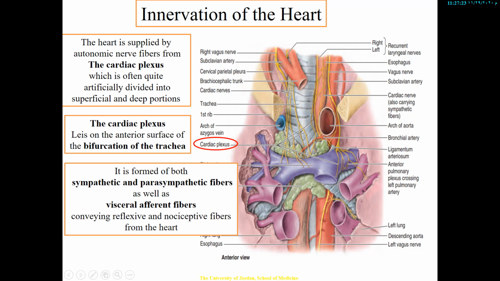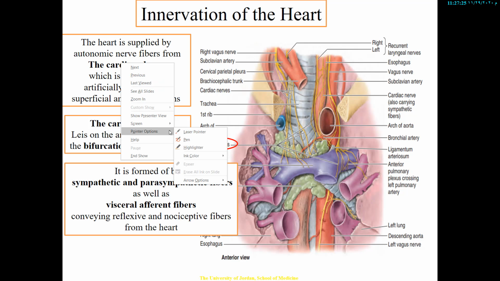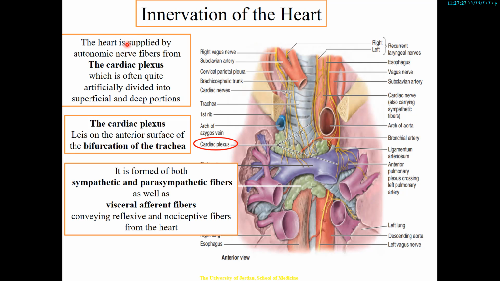The heart is supplied by, of course, the autonomic nerve fibers from the cardiac plexus, as we mentioned, which is often quite artificially divided into superficial and deep. The cardiac plexus lies on the anterior surface of the bifurcation of the trachea. This is a good landmark.